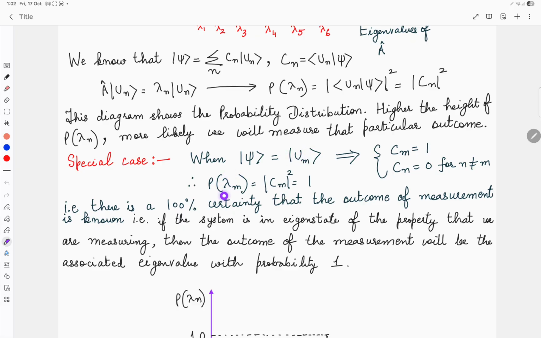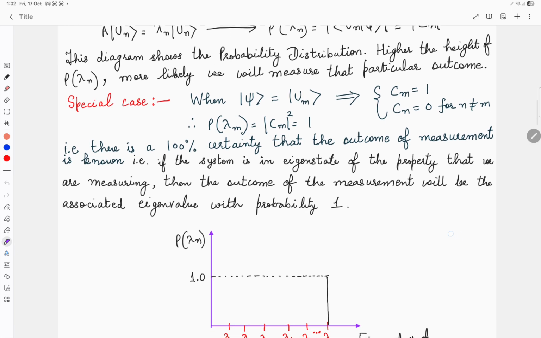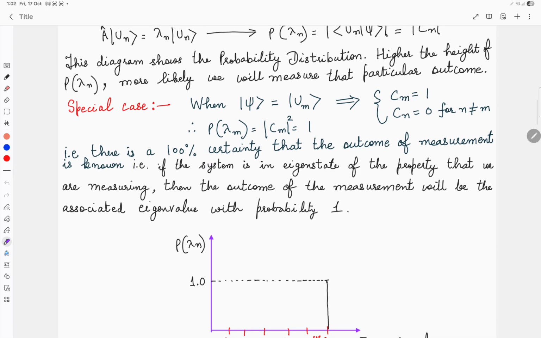We will definitely get this measurement outcome. In that case, the probability will be equal to 1, and the quantum state after collapse will be ket um, the eigenstate corresponding to this eigenvalue. So there is 100% certainty about the outcome of the measurement if the system is in an eigenstate of the property that we are measuring.